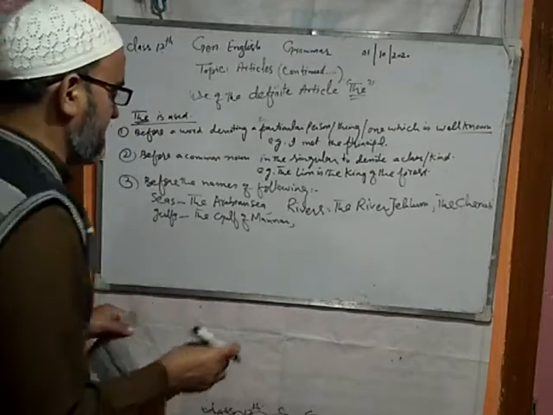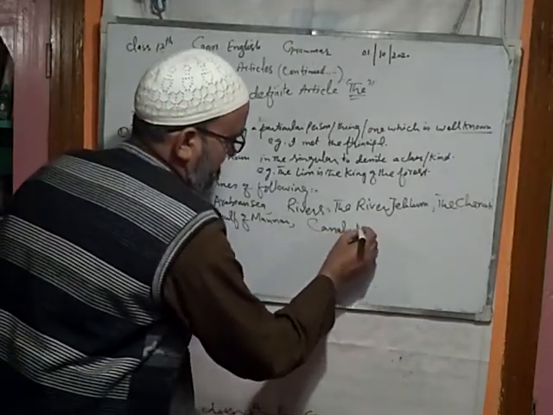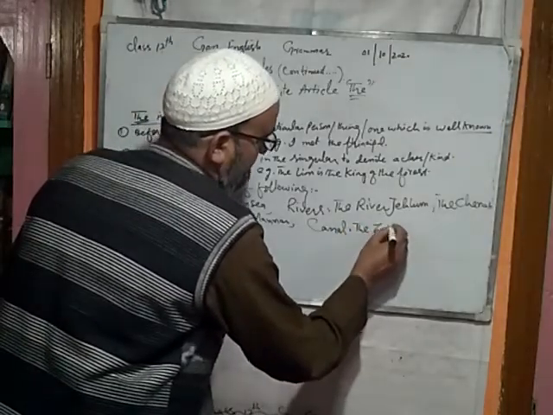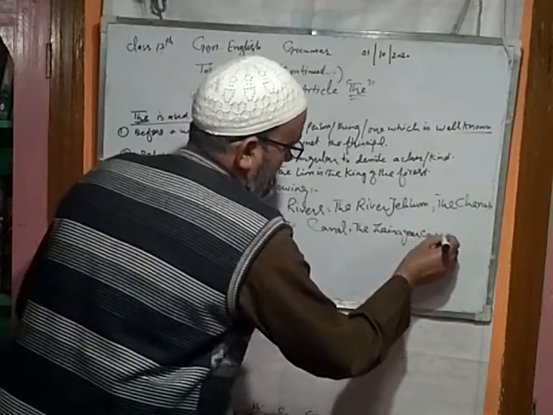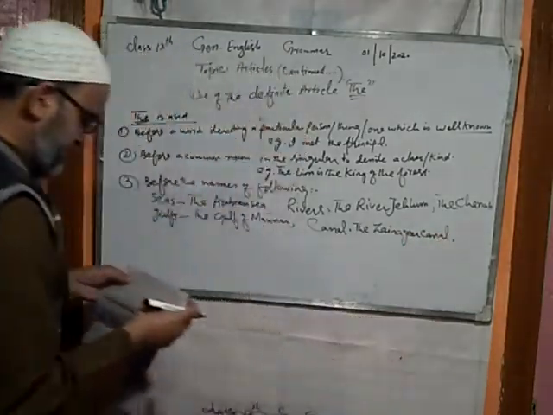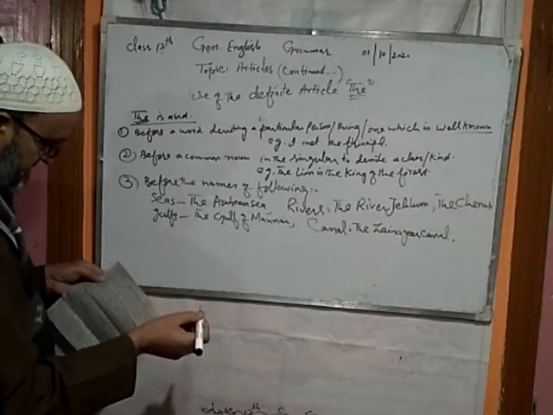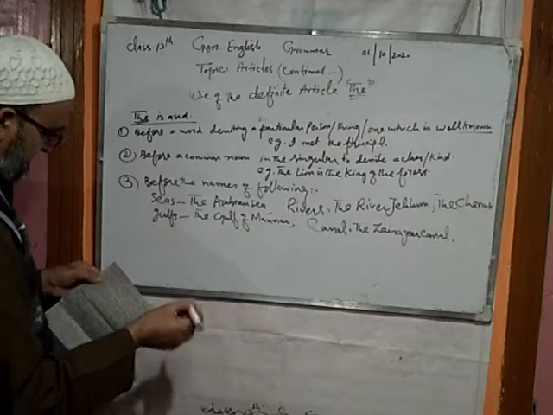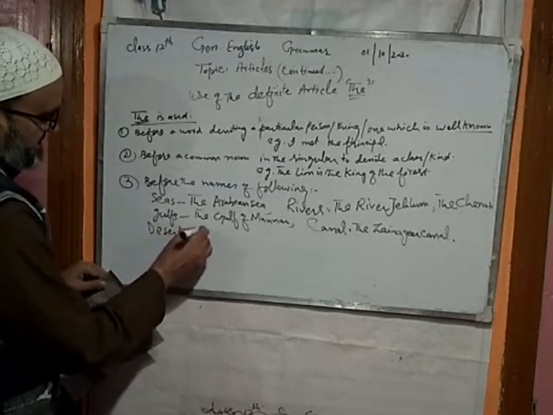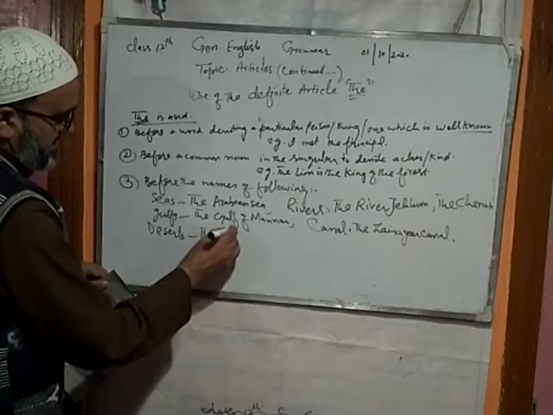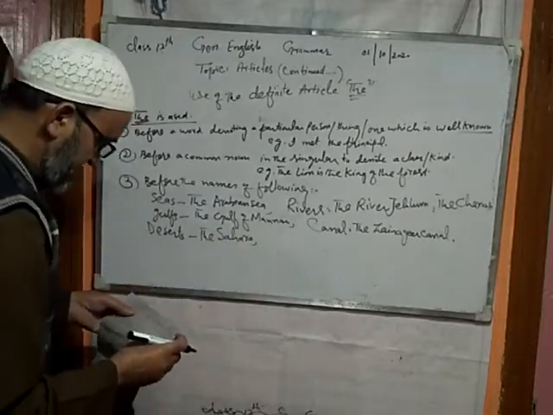Before the names of canals, for example, the Jehangir Canal, or the Panama Canal, the Suez Canal. Before the names of deserts, for example, the Sahara or the Thar Desert.